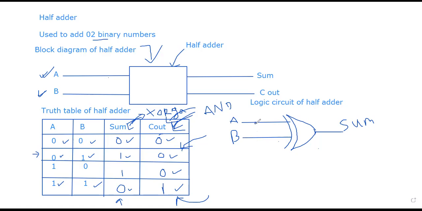Here let us bring the A, then B, and the AND gate, and this is going to be the carry out. So this is the logic circuit of half adder.